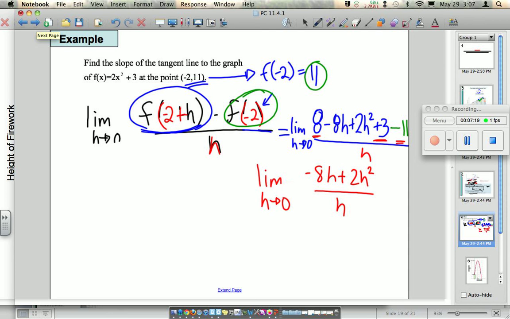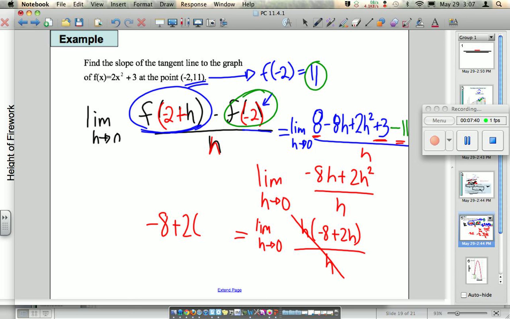Now I'm seeing where I'm headed. Remember, my goal is to plug in 0 when I can, when I don't get an error. And I see that I can factor the top so that the h's can cancel. H times negative 8 plus 2h all over h. Now the h's are gone, and my limit is simply plugging in 0 for h. And I get negative 8.